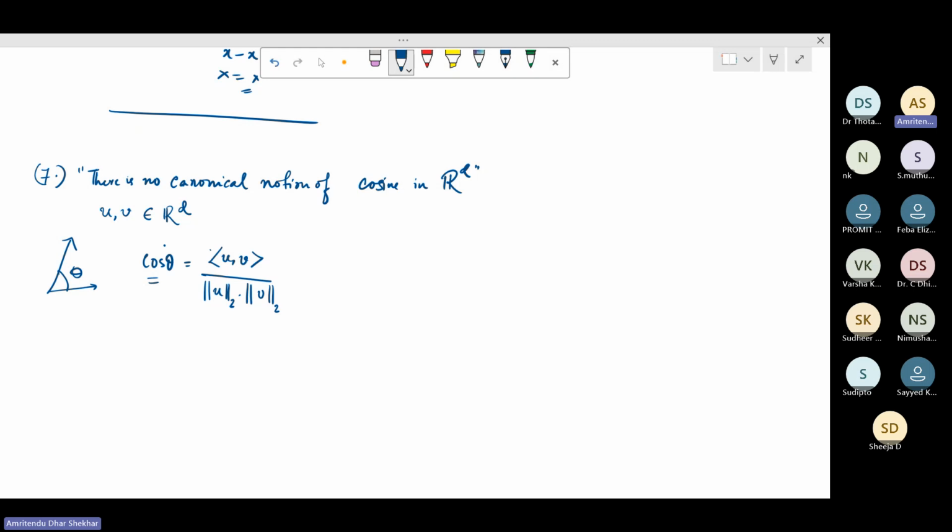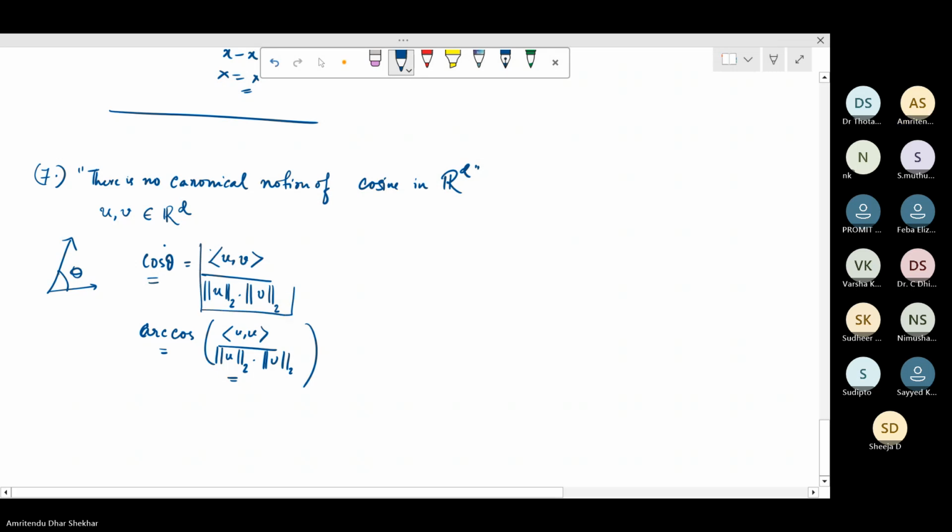But that's not correct, because cos itself is defined in this way: the cos of the angle theta, whatever this angle is. So if you are given two vectors u and v, then the angle between these two vectors is basically the cosine inverse of this thing. Now you can define this cosine inverse only because the range of this expression is within the range of cos.